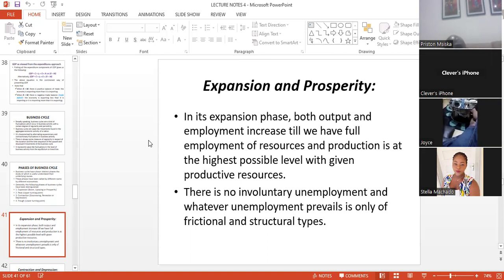And then you can also have some other kind of unemployment, which is called structural unemployment. This kind of unemployment relates to the difficulties in matching people's skills to jobs that are available. When there's a mismatch between employee skills and job skills requirement, you may get structural unemployment.